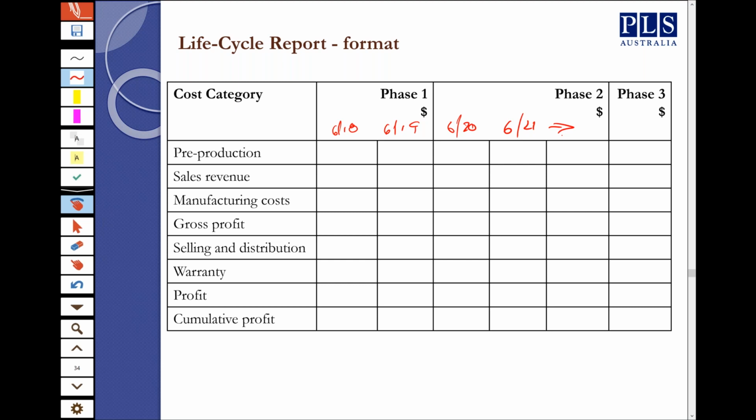You'll find that your pre-production will come into your phase 1. You'll find that your phase 2 will typically be the range across your sales revenue through to your warranty. Naturally enough, you'll also find that as you come to phase 3, this will be your washout phase. The primary one you see in there is your warranty type area.